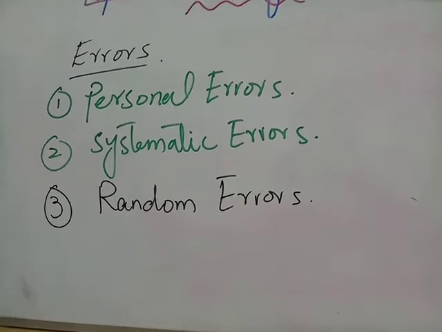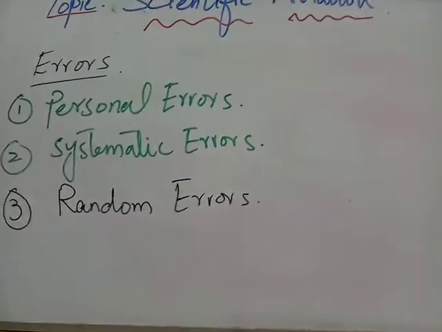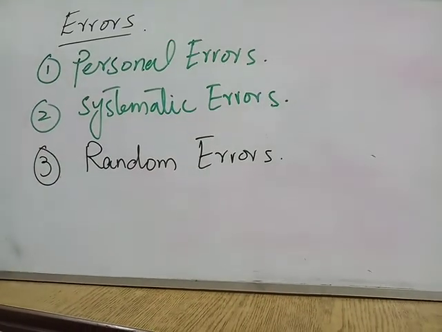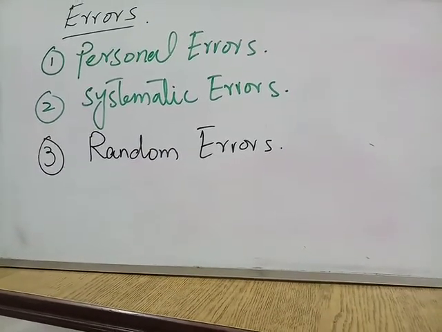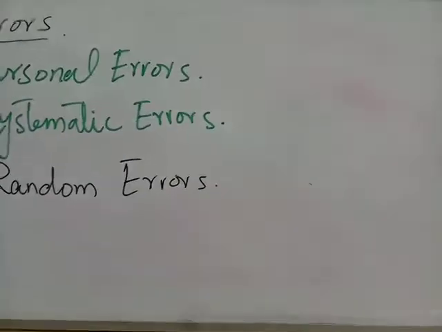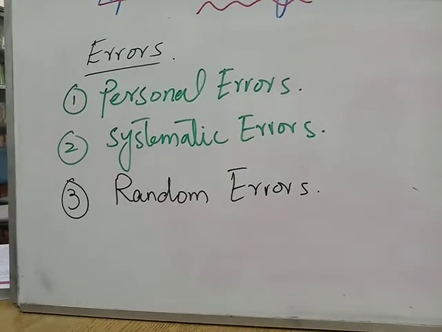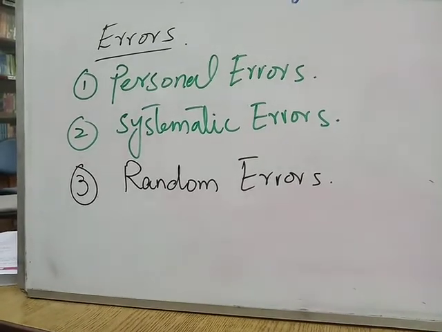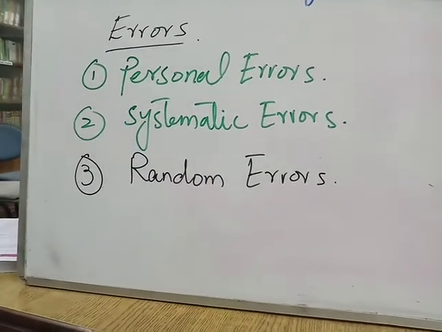For example, when you are doing an experiment with a vernier caliper to find a diameter and you do not know how to use a vernier caliper, this may cause errors in your final result. These are called personal errors. They occur due to carelessness or improper knowledge about the instrument or experiment.